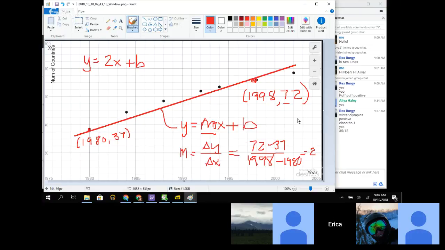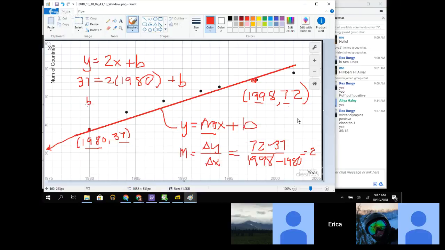So that's cool. Now, how do I figure out where my y-intercept is? Well, I can't just extend my line forever to figure that out, right? But I do have 2 sets of data, and if I put one of those in, I can figure out what my y-intercept is. So when x is 1980, y equals 37, so 37 equals 2 times 1980 plus b.